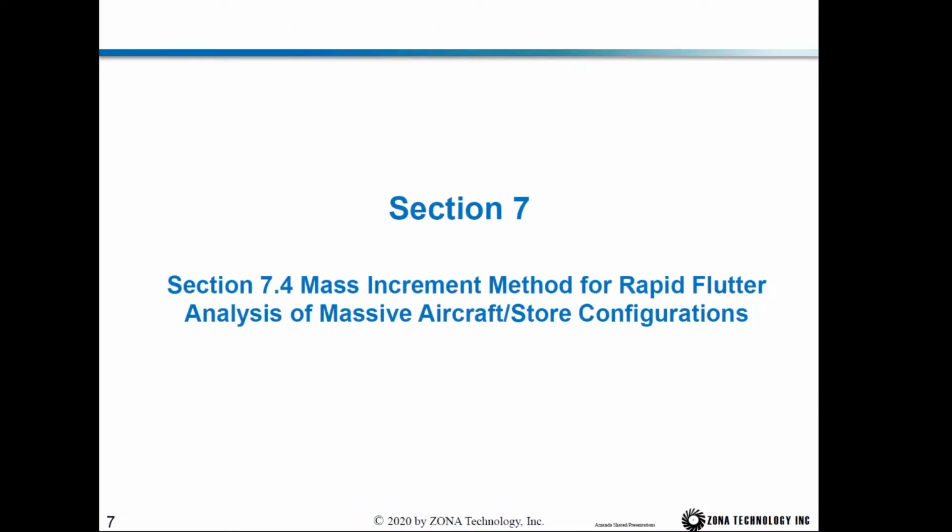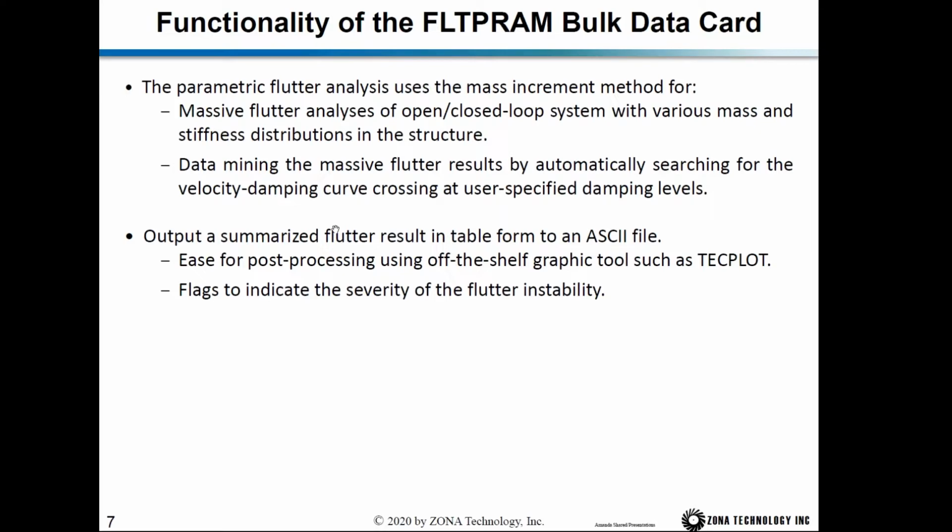Section 7.4. Mass increment method for rapid flutter analysis of massive aircraft store configurations. For parametric flutter analysis, you use the mass increment method for massive flutter analyses of an open or closed loop system with various mass and stiffness distributions in the structure. And it data mines the massive flutter results by automatically searching for the velocity damping curves crossing at a user-specified damping level.